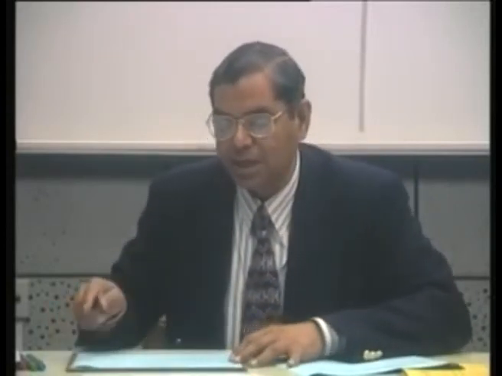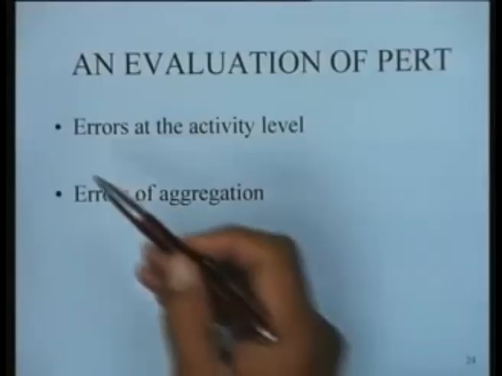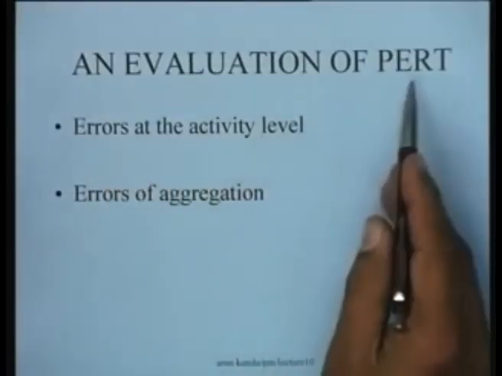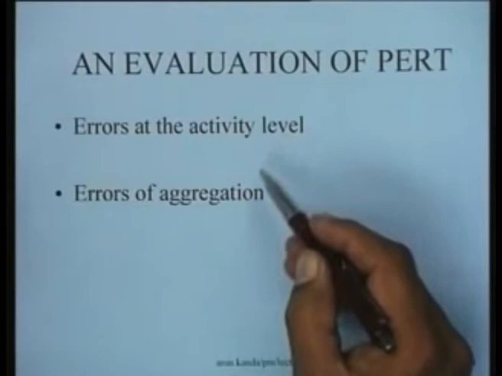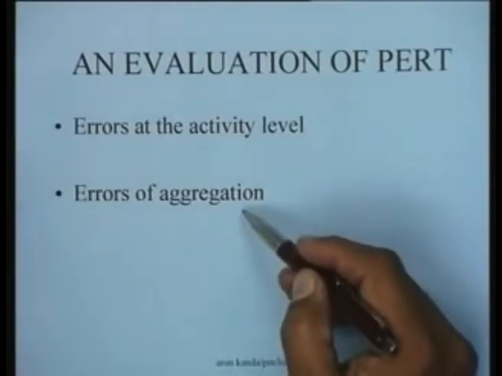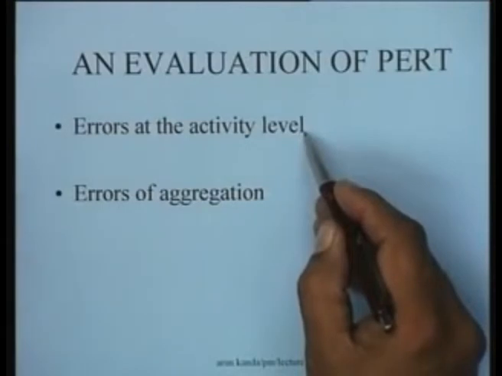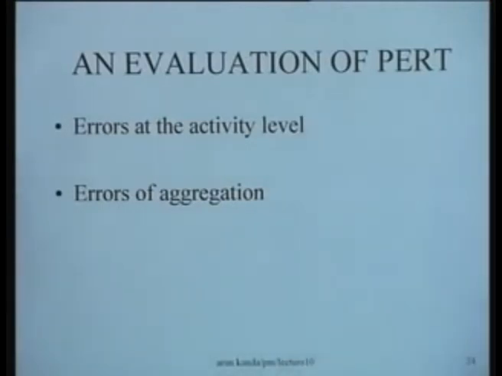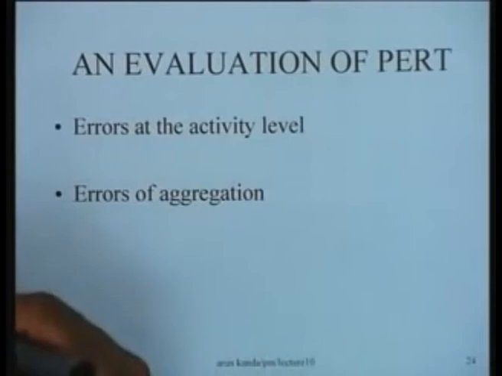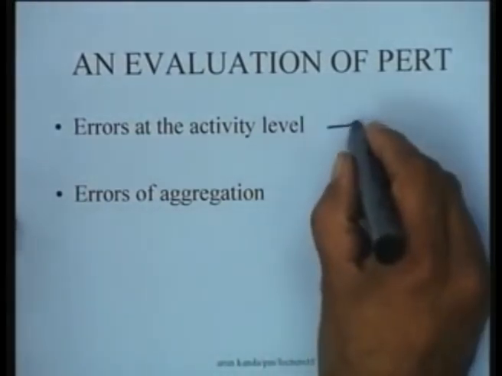Now let us try to do an evaluation of PERT, and what I would just like to say here is that errors in PERT can occur primarily because of these 2 factors. Errors can occur either at the activity level. What this means is that we have made some assumptions about the activity distributions. We have said that the activities follow a beta distribution.